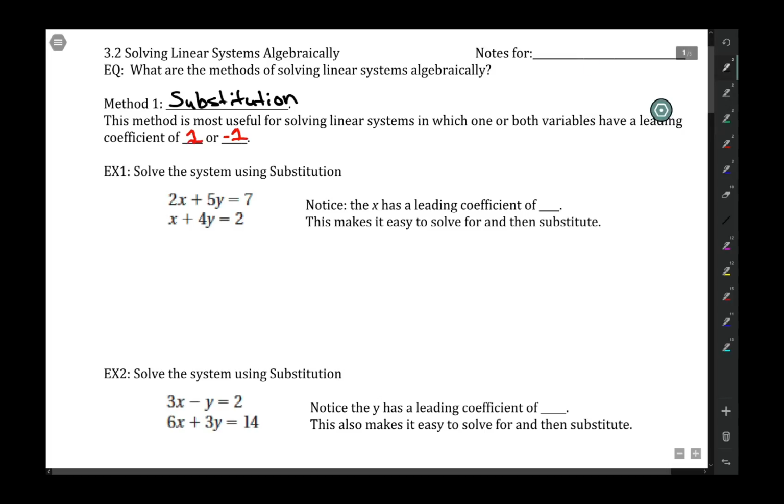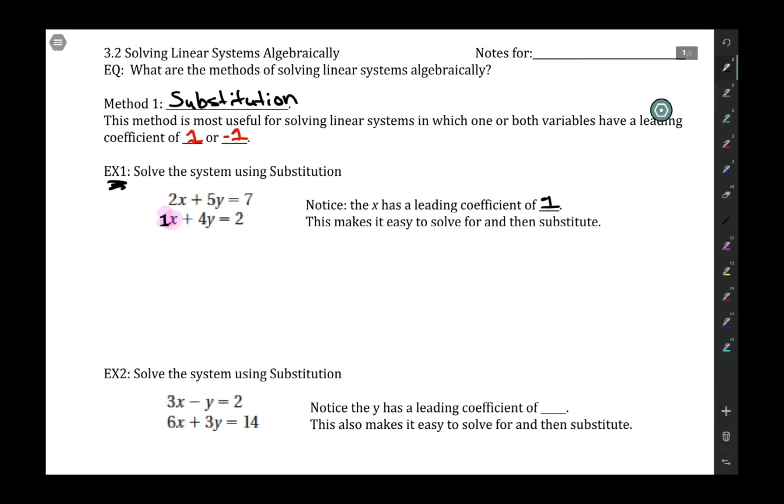Notice in our first example, solve the system using substitution, the x has a leading coefficient of 1. And where's that at? It is right there. This x really has a fancy little 1 in front of it. That makes it nice and easy to solve for.